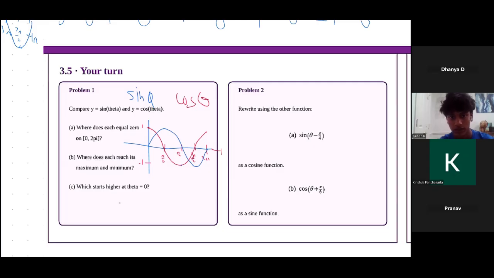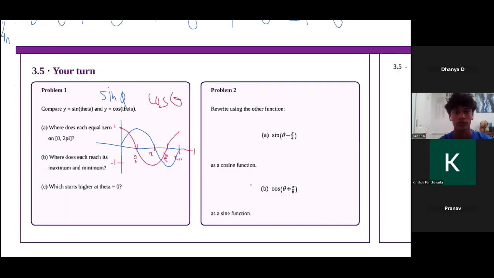Now, it says rewrite using the other function. So write sine theta minus pi over 4 as a cosine function. So remember, the key to this is going to be that sine theta equals cosine of theta minus pi over 2.